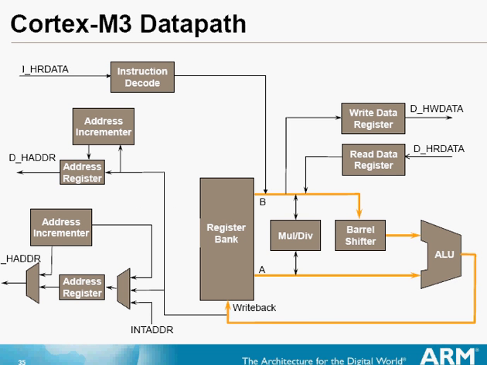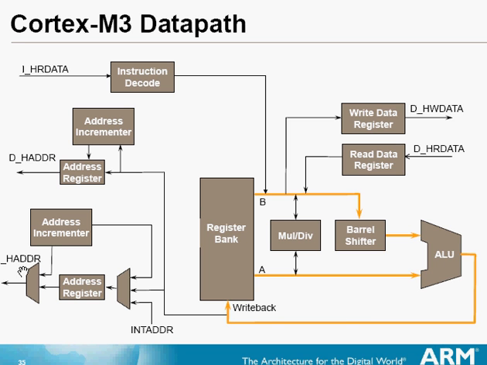Cortex M3 data path. What is there here? The Cortex M3 is based on Harvard architecture, so there are separate instruction and data buses. Instructions come in along the AHB instruction read bus to the decode stage. HADDR is the address bus on the instruction side bus.